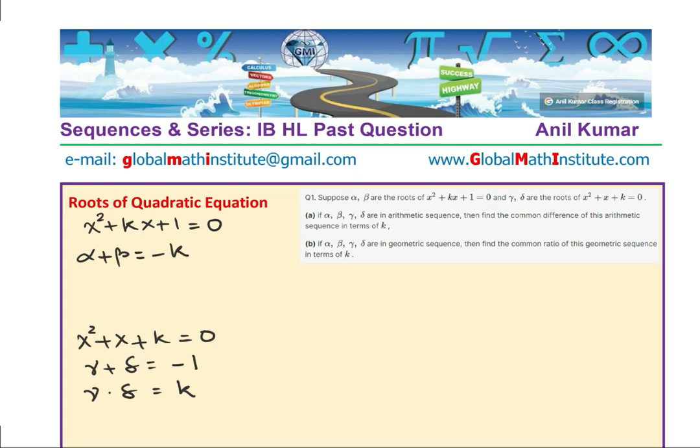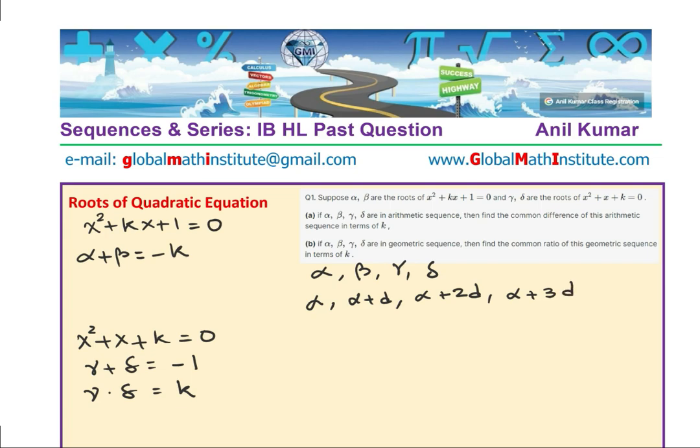Now, since we will do part A, we are given they are in arithmetic progression, right? It really means, arithmetic progression of roots alpha, beta, gamma, delta, as discussed earlier. The roots will be alpha, alpha plus d, and then gamma will be alpha plus 2d, and delta will be alpha plus 3d, correct?